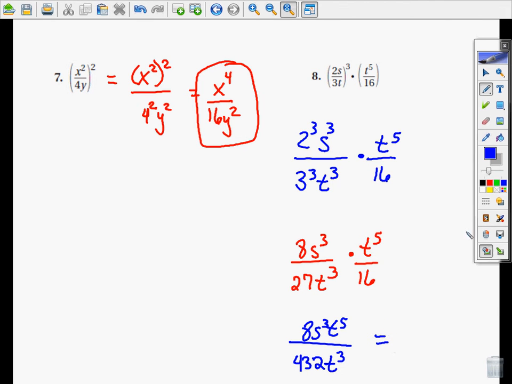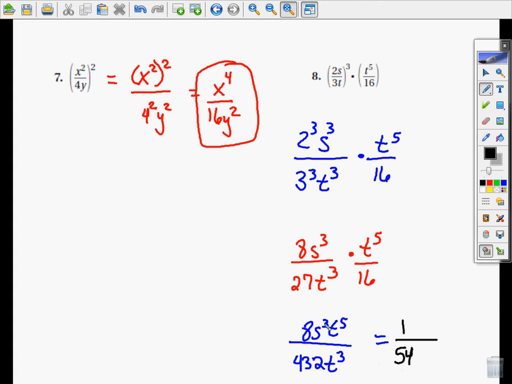I need to see if it's possible to simplify 8 over 432, and it is. I believe 8 is going to go into both of them, but I'm not 100% sure, so let's see. It does. 8 goes into 8 once, and it goes into 432 54 times.